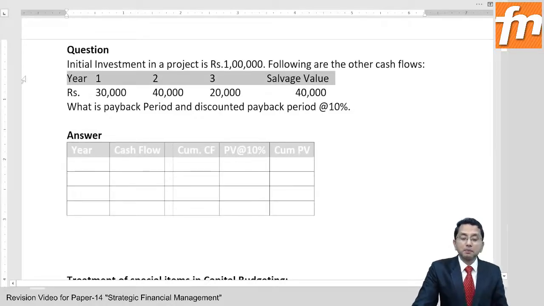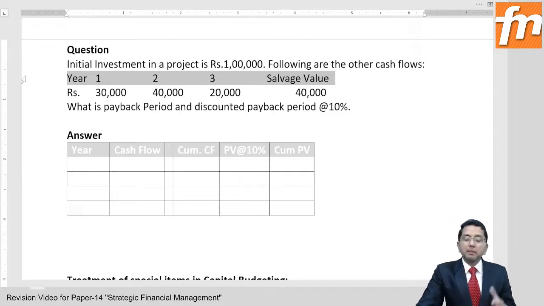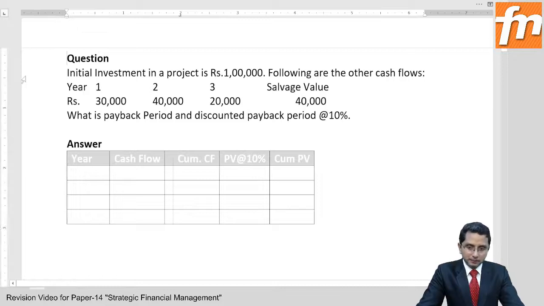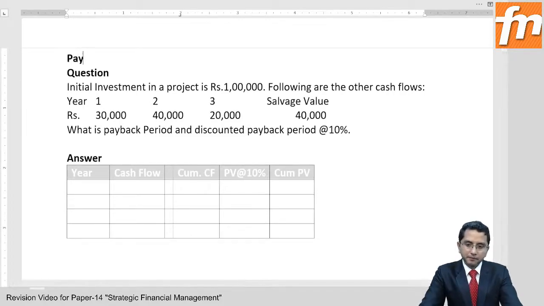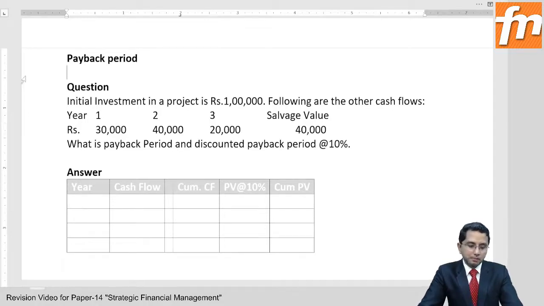What is payback period method? Payback period is the length of time required to recover initial investment in a project. How do you calculate payback period? I'll tell you.